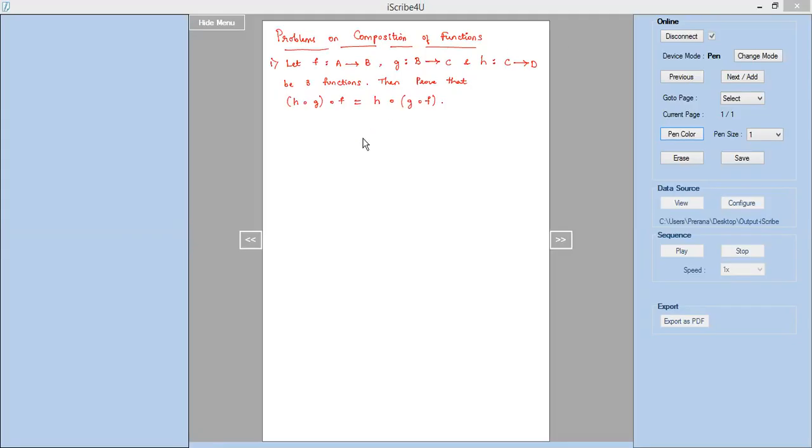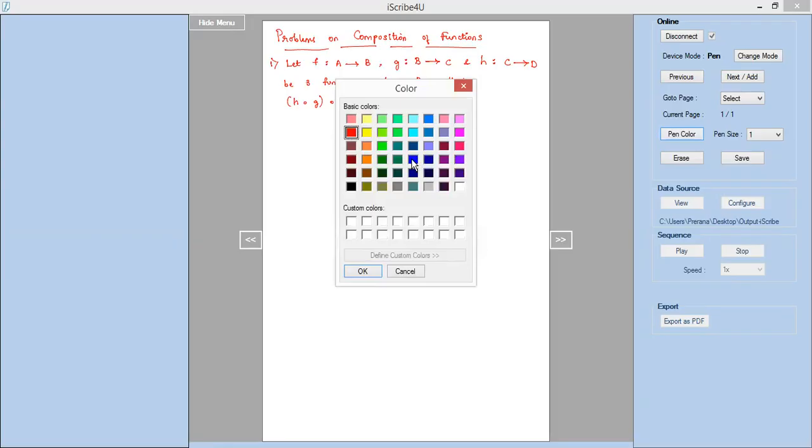So this is the same as the property that we learned in the theory, but we are asked to prove it. It means the associative property is satisfied for composition of functions is what we have to prove.